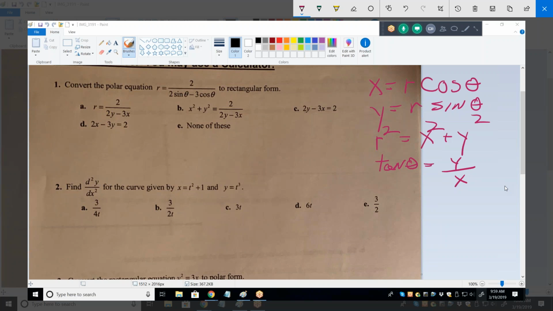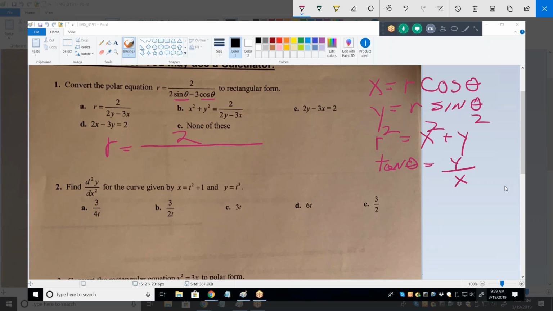And this first one, I only need 2. In other words, what I want to do is convert that sine theta and that cosine theta in terms of x and y and r. So, if we do that, we get y equals what? 2 over... What's sine of theta going to be? Sine of theta would be y over r.